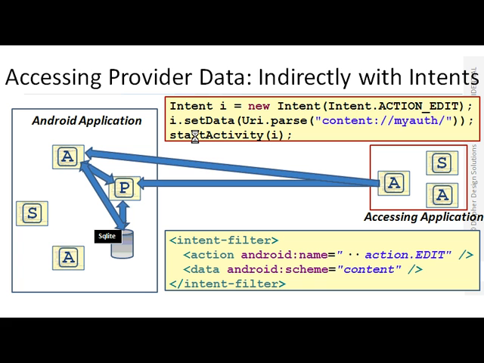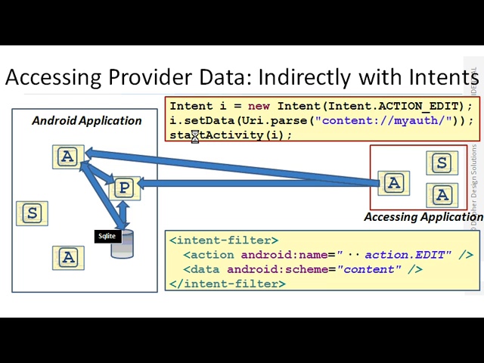Suppose instead of action edit, it is action view, and you specify Uri.parse with something like a web page for the web browser. If this intent is thrown to the Android system, the system will look for the intent filter for action view in each application's Android manifest.xml file.